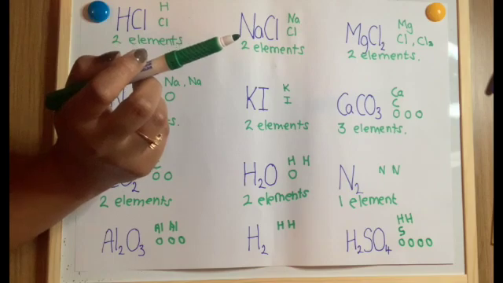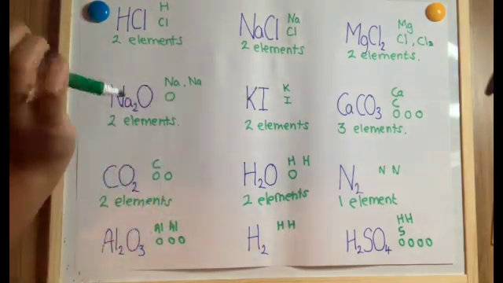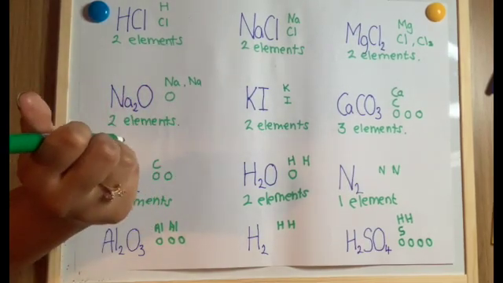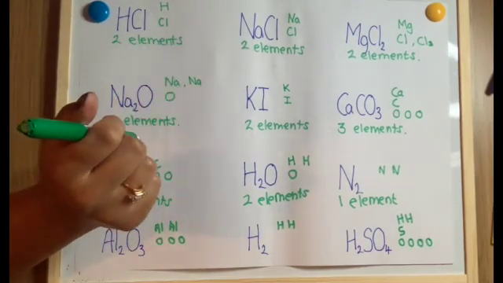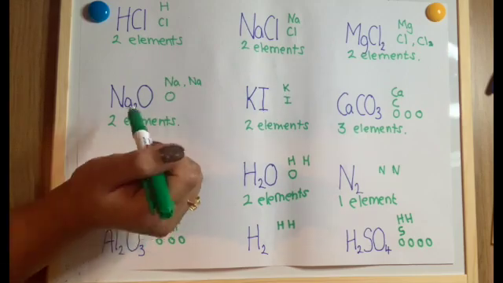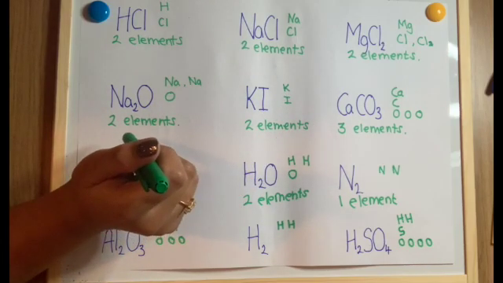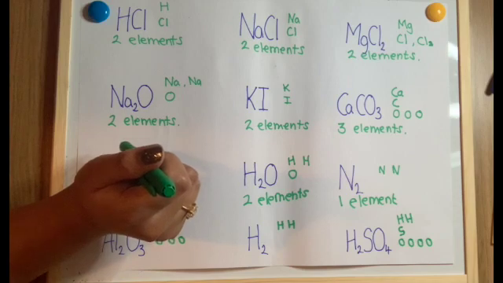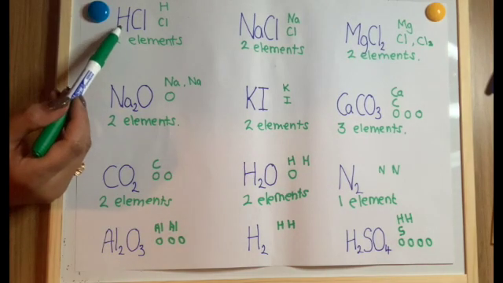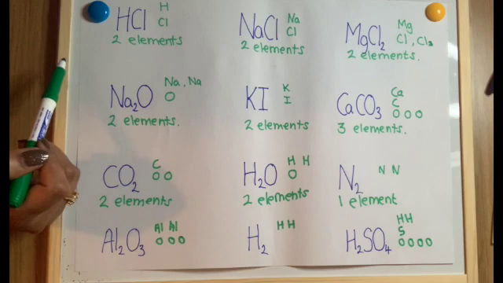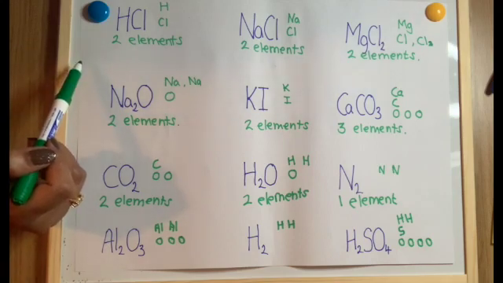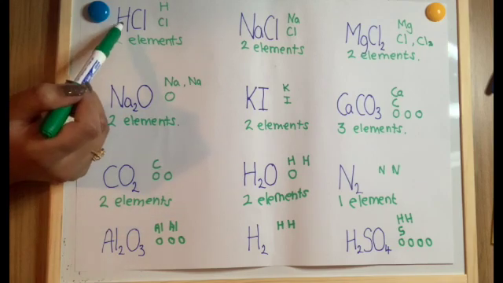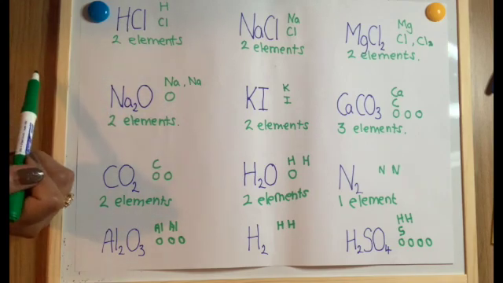Okay, now, as we've gone through these, what you might realise is to work out how many elements you have in a particular molecule, all you need to do, if you've written out the element symbols correctly, is see how many capital letters you have. So if we look here, I've got 1, 2 capital letters because a different element always begins with a capital letter. Okay, so I've got 2 elements and 2 capital letters.